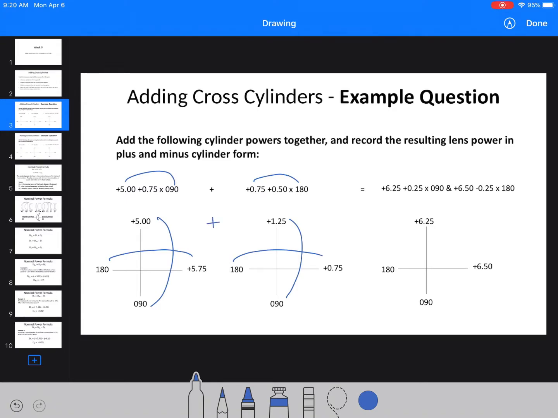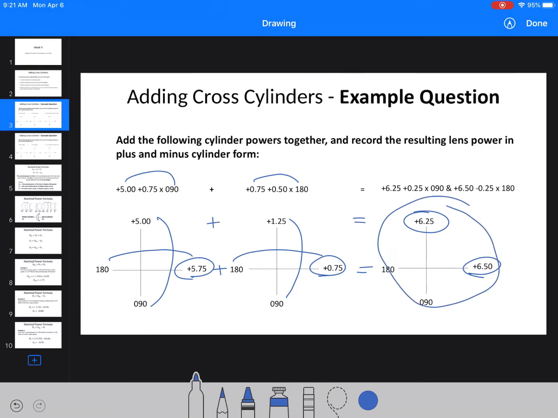So basically we're just going to add a cross. So 5 plus 1 1/4 gives us 6 1/4, and plus 575 plus 75 gets us 6 1/2. So we have this new optical cross, and we basically take our prescription off, and we get this in plus cylinder, and we get this in minus cylinder.